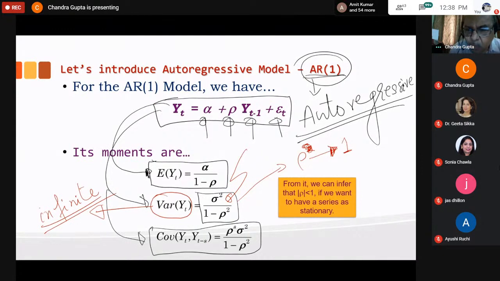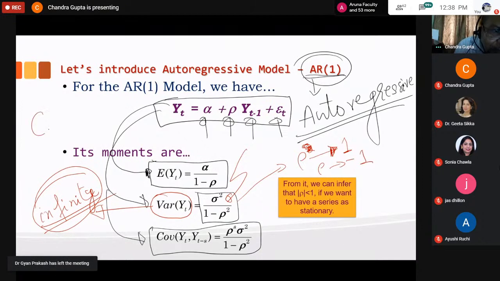Okay, what if rho tends to minus 1? Again, it will tend to infinity. Can rho be less than minus 1, like rho is equal to minus 2? Is that possible?